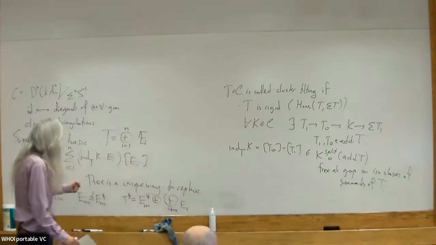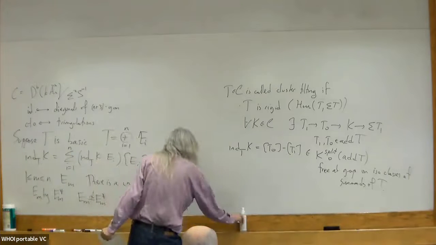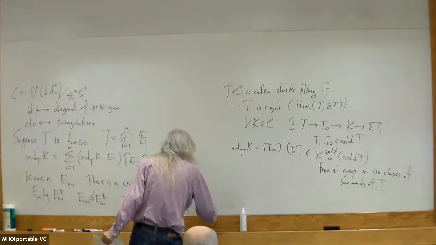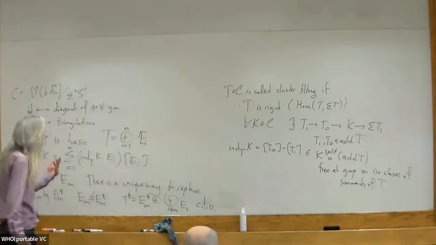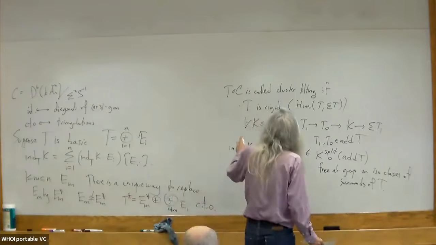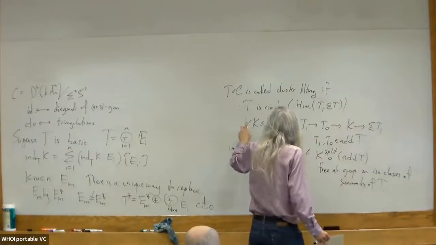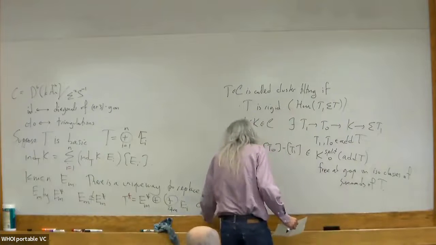So I swapped out E_m and I swapped in E_m star. And what I'm saying is there's one way to do that for each of the E_i.